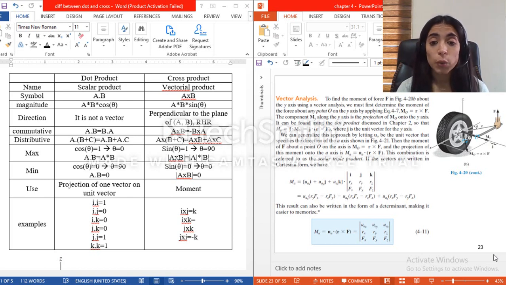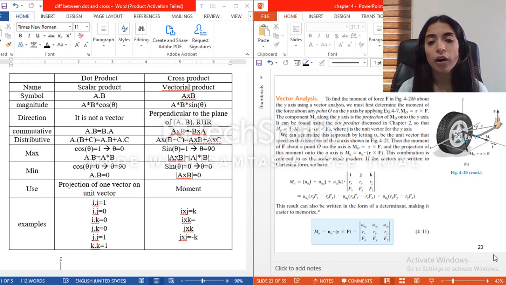So far guys, we have discussed the moment around a point of rotation and we have found 4 different methods to find this moment. And don't forget that we said that the moment is a vector, which means it has 3 components in i, j, and k.